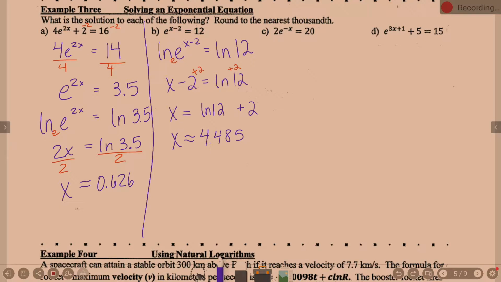I have a wrong number written over by the 4, and so I was trying to make sure I can read my own handwriting. So, did we get that? Natural log 12 in parentheses plus 2, or you can do natural log of 12 equals and then do a plus 2. So 4.4849. The digit after the 4 is a 9. 9 tells the previous digit to go up.